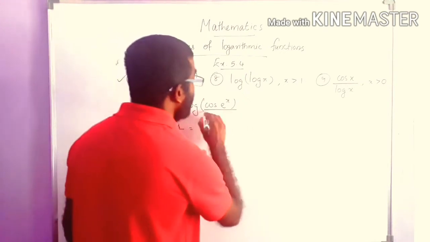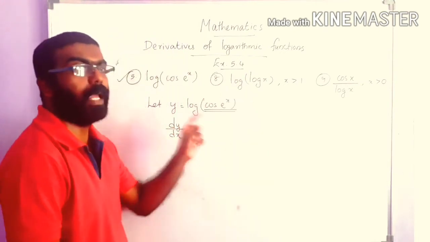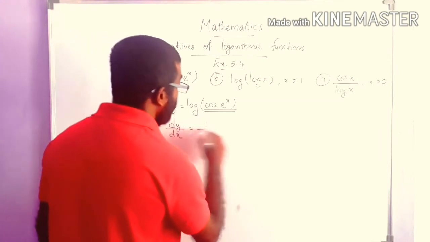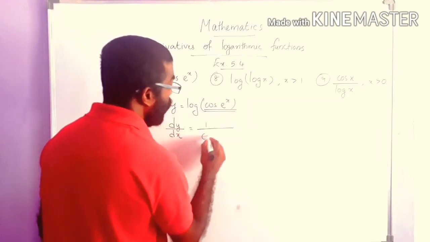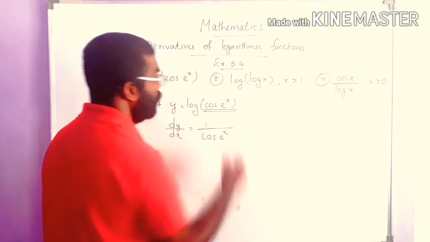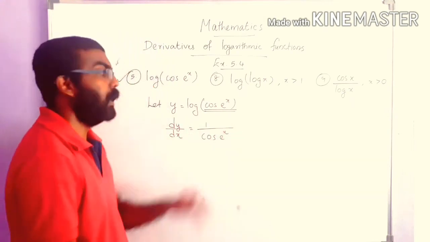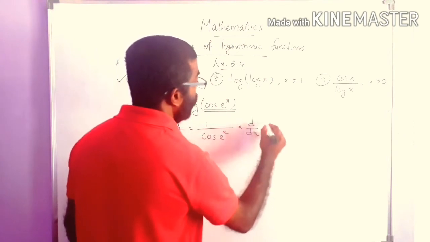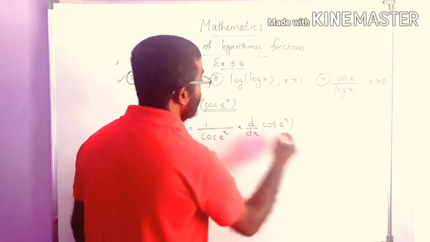So this can be read as x, log x derivative 1 by x. So 1 by, instead of x, cos e raised to x. So 1 by cos e raised to x into d by dx of cos e raised to x.